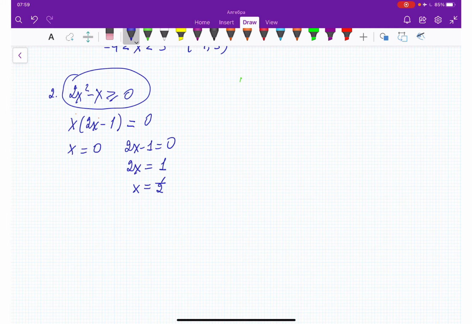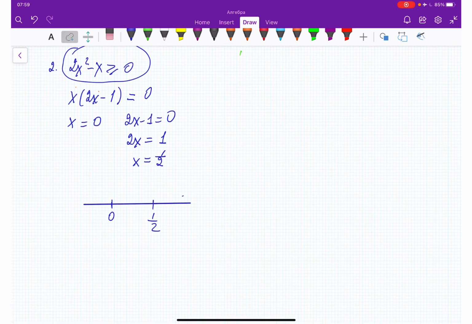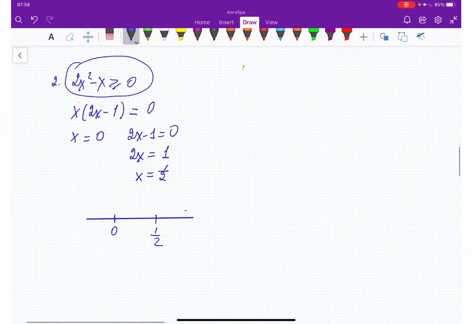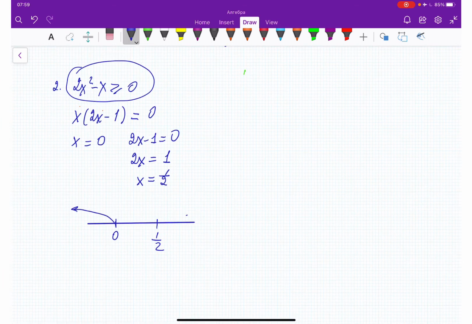So we have 0. Let's say this is our 0. This is 1/2. So we are going to take less than 0, explore what is going to be the solution. Less than 0, between 0 and 1/2, and greater than 1/2.